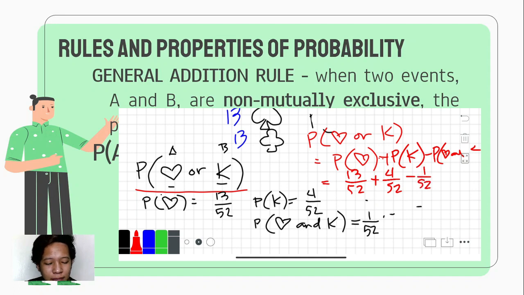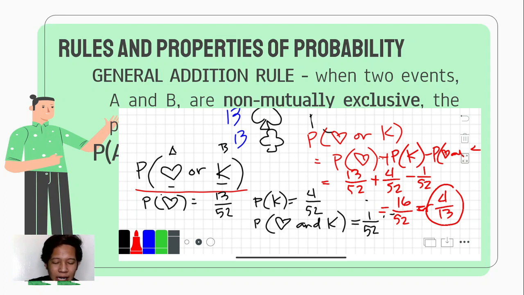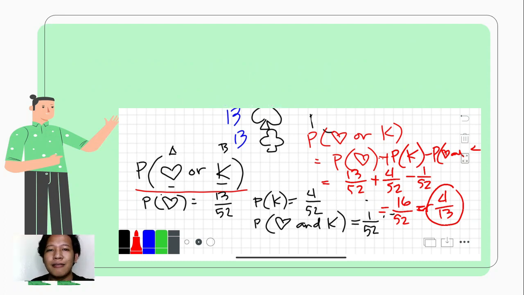And if we're going to simplify this, 13 plus 4, that's 17, minus 1, that is 16 over 52. Or if we're going to simplify this one, this is 4 over 13. Okay? So this is the probability of getting a heart or a king. Okay? So you can actually have it in decimal form. So that's how we get the general addition rule.